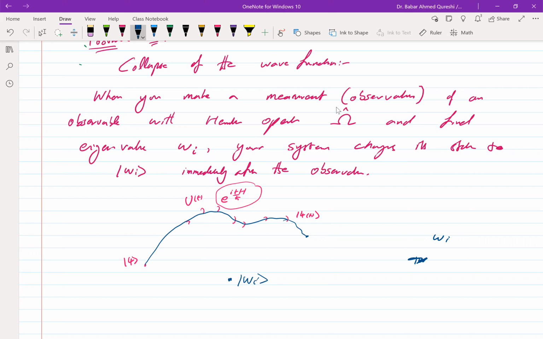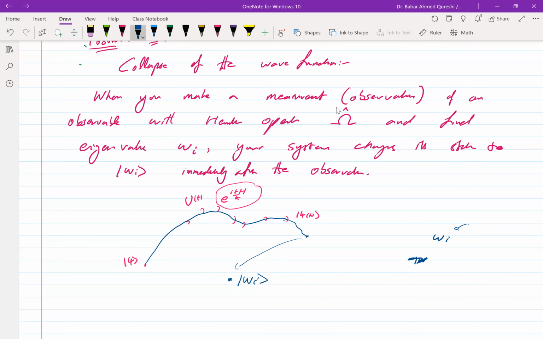And it should be like that, because suppose if it was here, right now you measured Wi, and you just want to confirm that you have measured it. If you measured it again and it was in the same state, then there will be a probability that you won't find it again. So then how in the world can you ever know that you're measuring anything? How can it even be called science if you cannot right away confirm that this is what you just measured? But this is what happens.